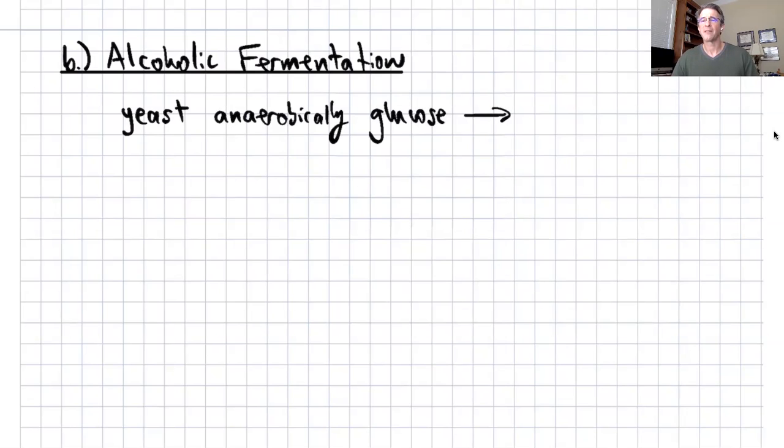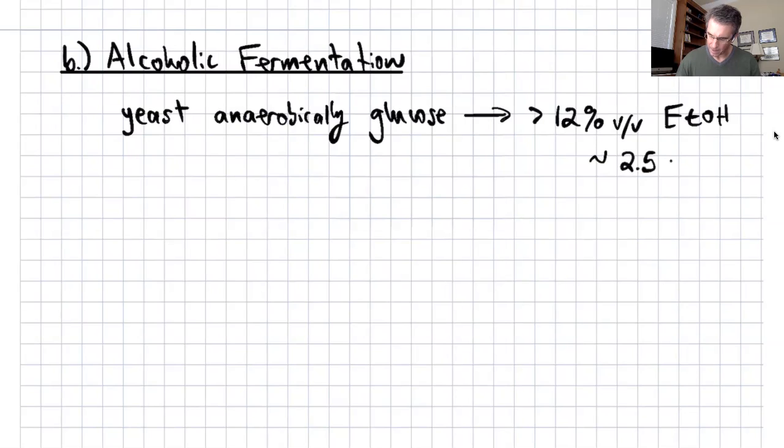Yeast can secrete, or certain strains of yeast can secrete really large amounts of ethanol, right? It can be upwards of greater than 12% culture volume to volume ethanol as a consequence of this pathway, which is something like 2.5 molar ethanol, right?